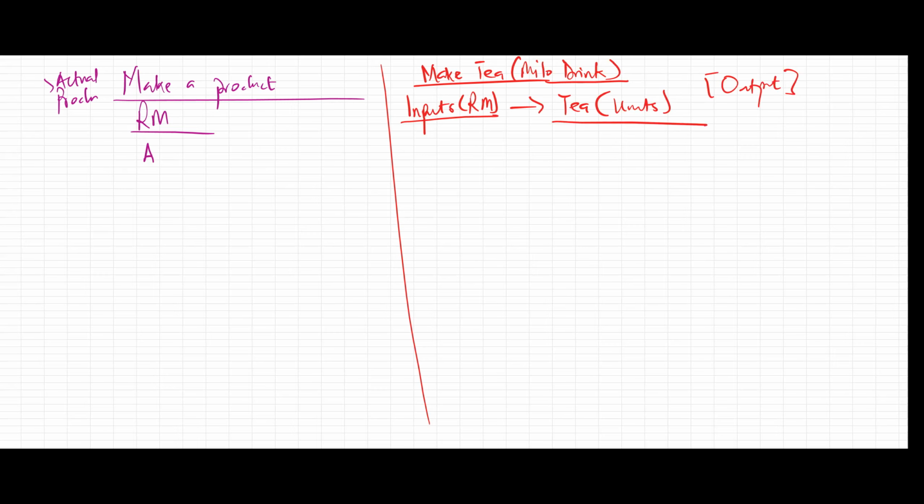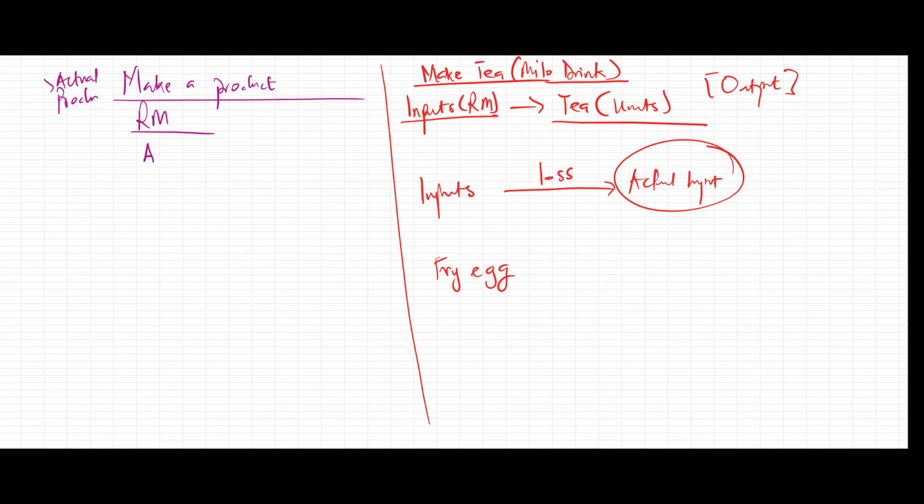So it means that at the end of the day, you put in some input and output comes out. Now, the same way, you can put in some input, and with that input you have put in, you will lose some. Then you get your actual input. Do you understand? So let's see. Anytime I'm frying egg, you know that definitely some will be left over in the shell. True or false? True.